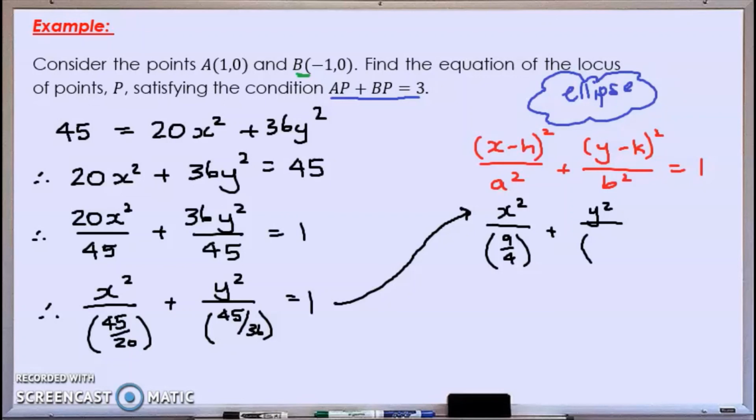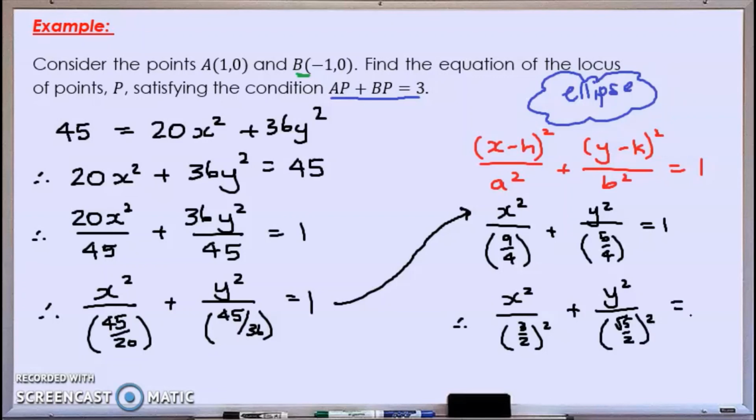I think I can do 9s here, so I'll have 5 over 4 equals 1. And now let's consider taking the square root so I can present them in squares. So x squared over 3 halves squared plus y squared over root 5 over 2 squared equals 1.